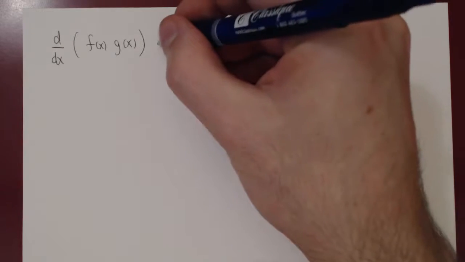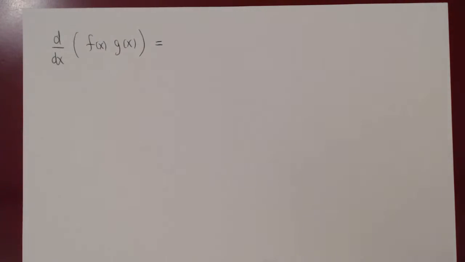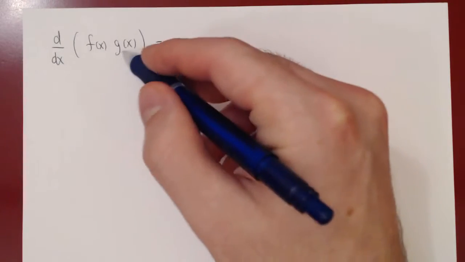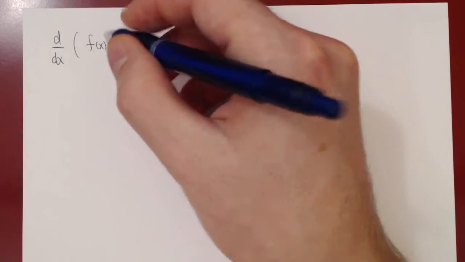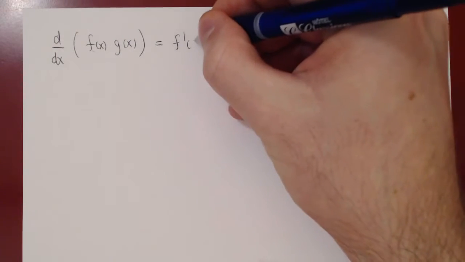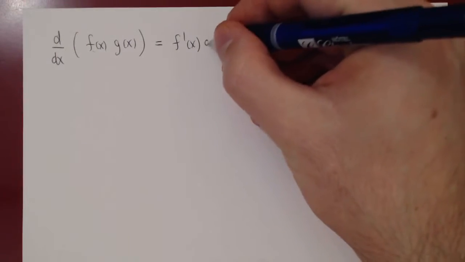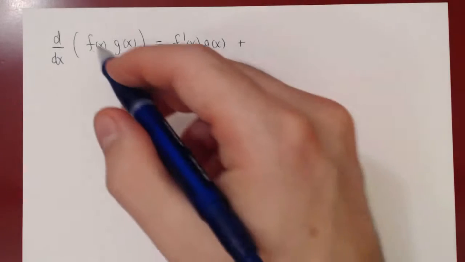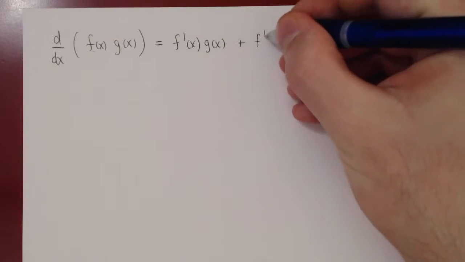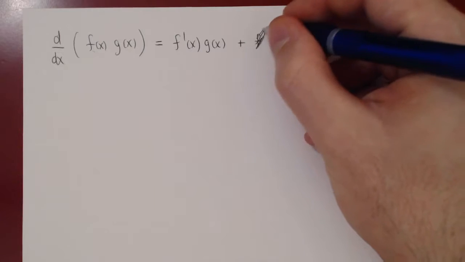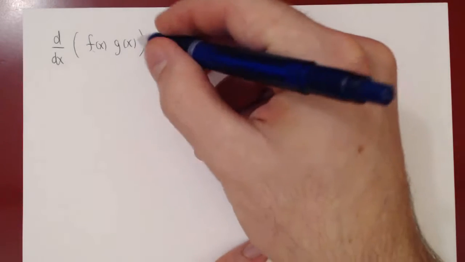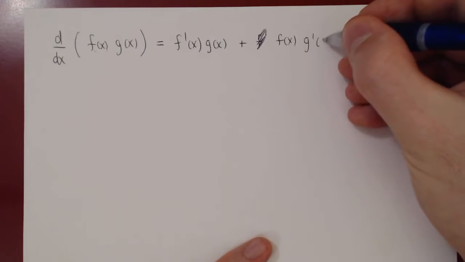And what the product rule says, and again, the proof is in the notes that were distributed in class, is that the derivative of f of x times g of x will be the derivative of the first function, so f prime of x, times the second function, g of x, plus, and now we flip the derivative, the first function f, times the derivative of the second function, g prime of x.